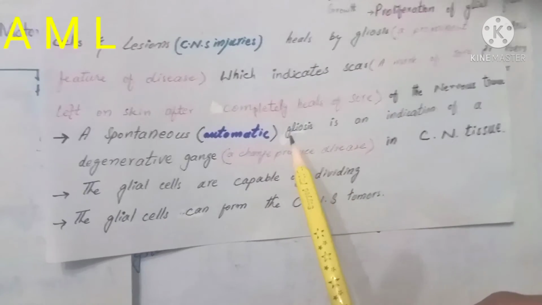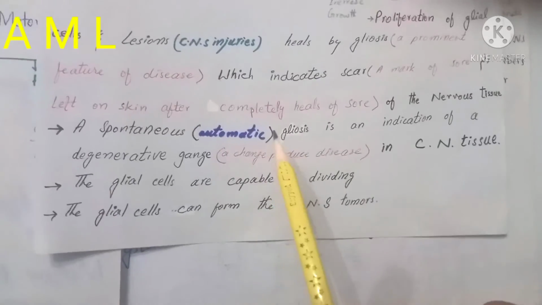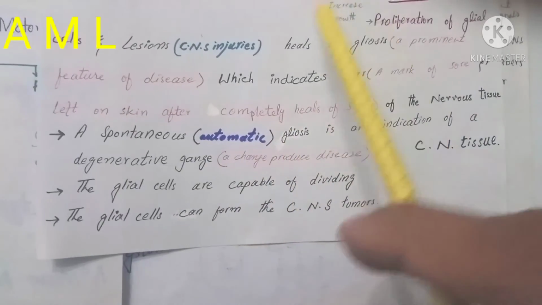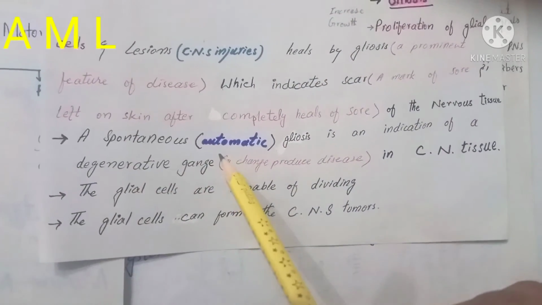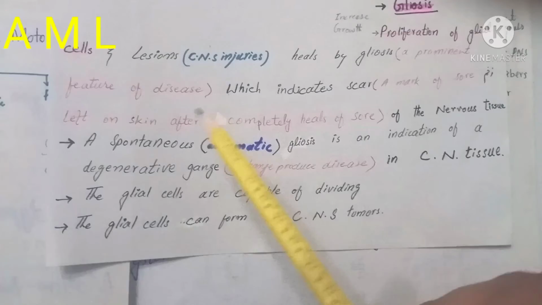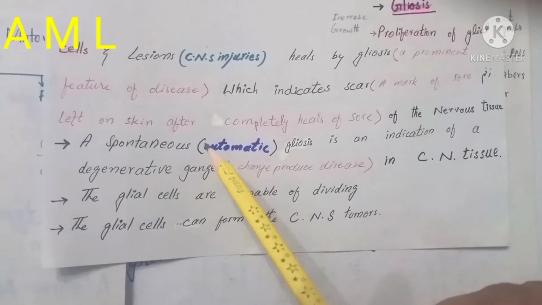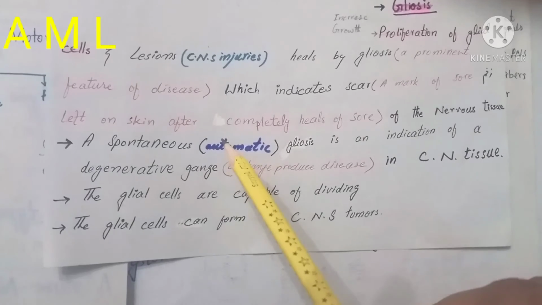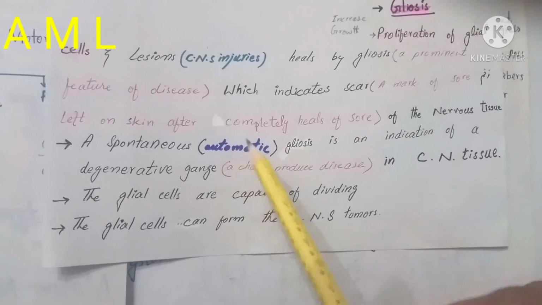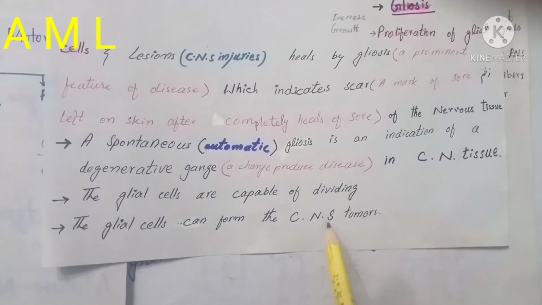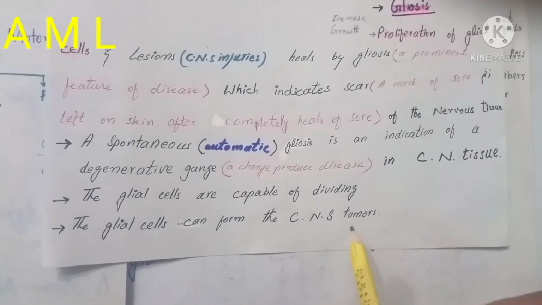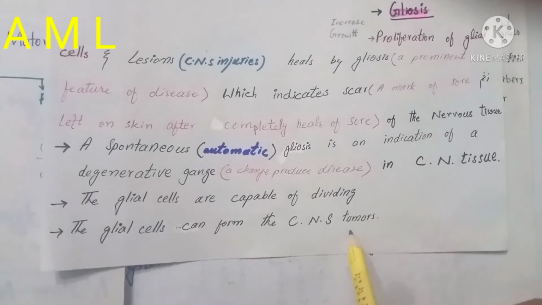The glial cells are also capable of dividing, and the glial cells can form CNS tumors, meaning tumors in the central nervous system. Glial cells can form disease, the disease is a tumor, and lastly the tumor can convert into cancer.